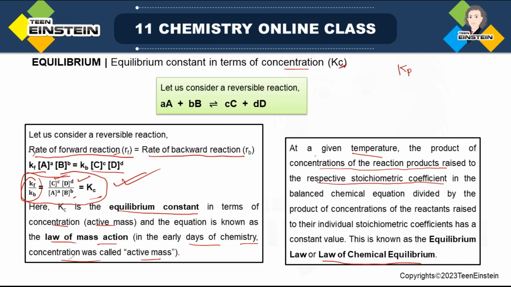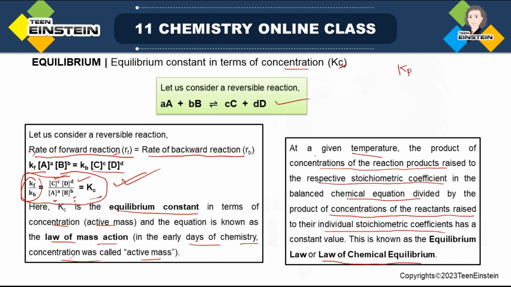That means we are talking about these two, [C] to the power c, [D] to the power d, in the balanced chemical equation. This equation that we have taken is general, so you can't understand what the actual species involved are, but remember, it should be balanced. When you actually use any particular reaction, don't forget to balance it, and then put it in this equation. So the respective stoichiometric coefficient in the balanced chemical equation, divided by the product of concentrations of the reactants raised to their individual stoichiometric coefficient.